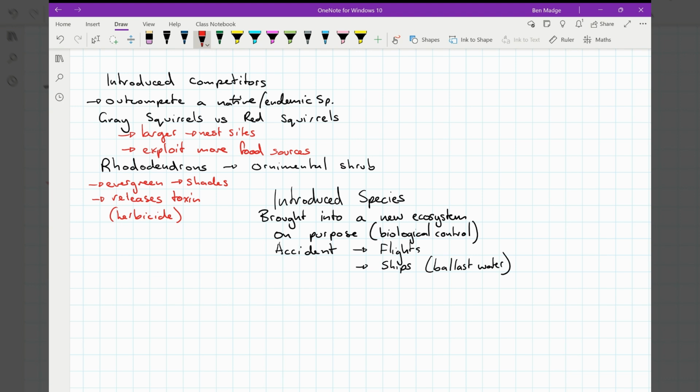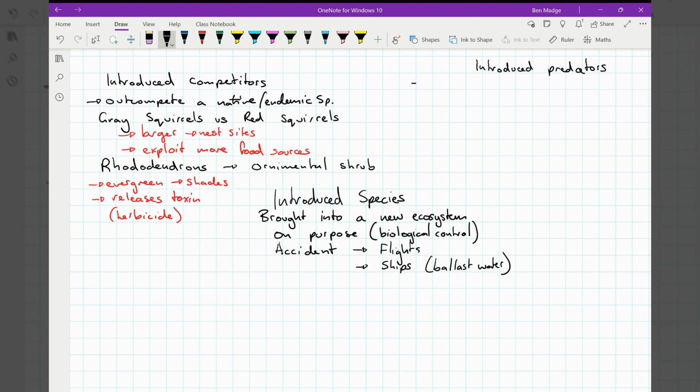The next one then is introduced predators. So this can result in species suffering from more predation, and therefore having their populations suppressed, or it's a population that's never been predated before and has no adaptations to cope with predation.